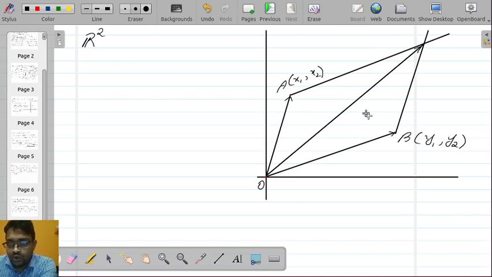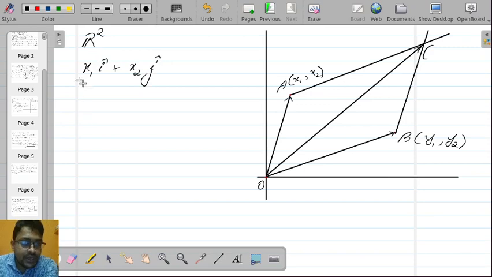So what are the coordinates of this sum? In vectors itself you have done, of course in a different notation, x1 i cap plus x2 j cap. This is the position vector x, and say this is the y vector, which you had written as y1 i cap plus y2 j cap.